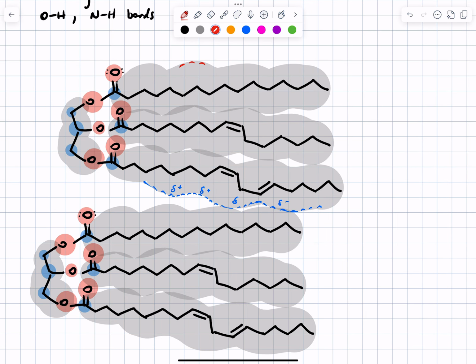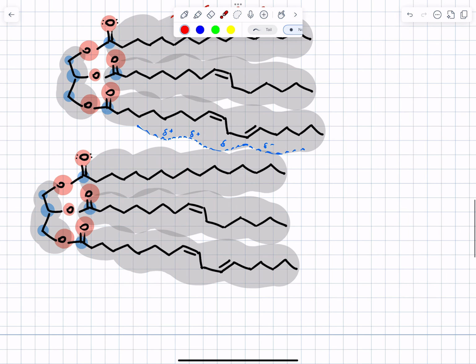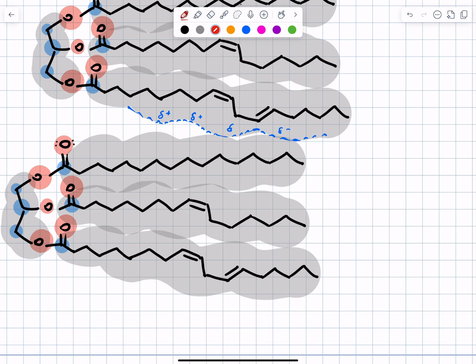I'm going to use red to indicate that the electrons are leaning this way towards the top of the molecule so that they can avoid the electrons on this other molecule below. And correspondingly, the electrons in the molecule below will lean towards the positive surface on the molecule above. And so you'll actually have a mutually complementary surface. There's actually attraction between the two molecules because their electrons are avoiding each other. It's kind of cool the way that works out.